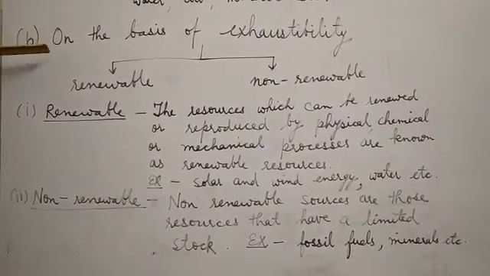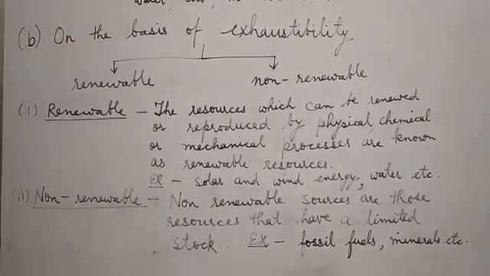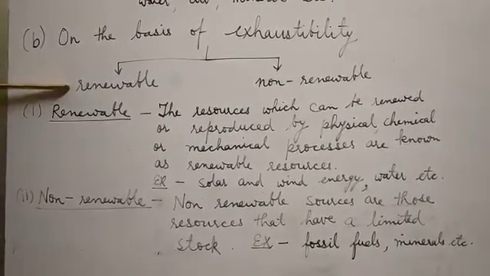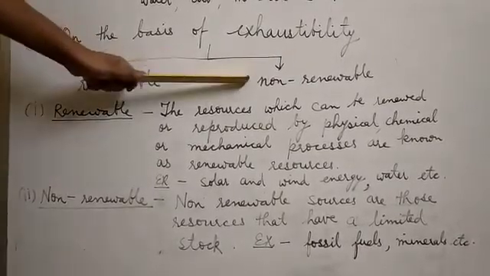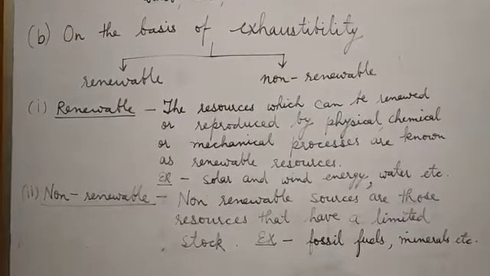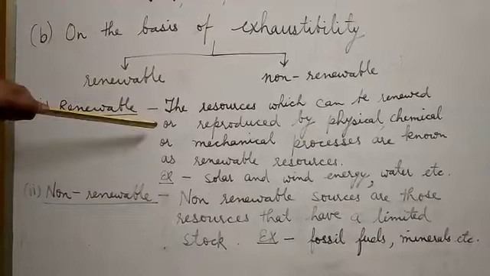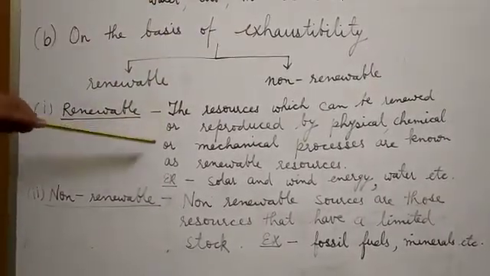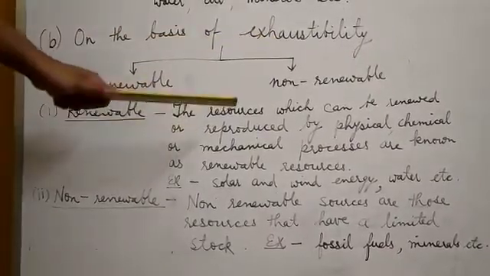The second is on the basis of exhaustibility. Resources can be of two types: renewable or non-exhaustible, and non-renewable or exhaustible resources. The first is renewable. The resources which can be renewed or reproduced by physical, chemical or mechanical processes are known as renewable resources.